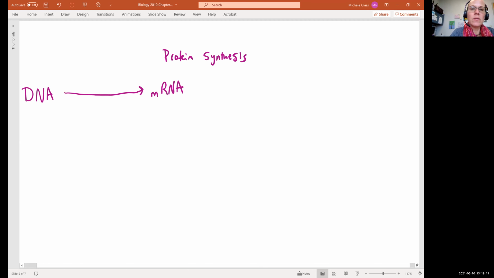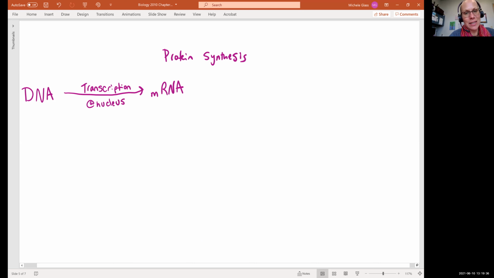And this process of taking DNA and converting it into mRNA is going to be called transcription. And because that DNA molecule is located in the nucleus, this process of transcription occurs at the nucleus.